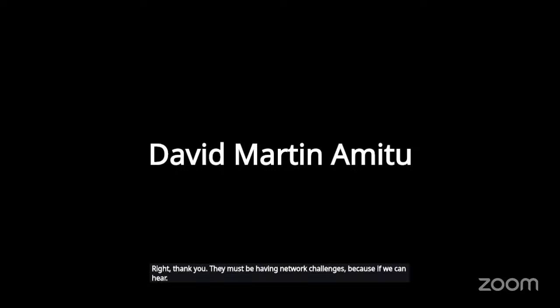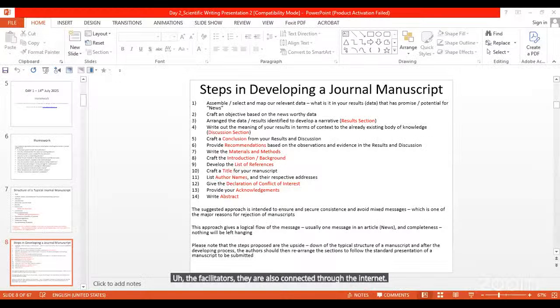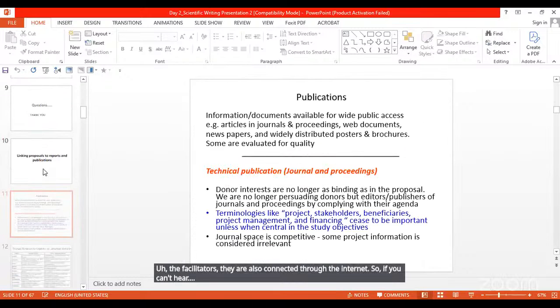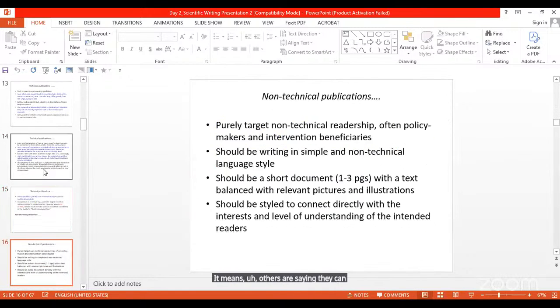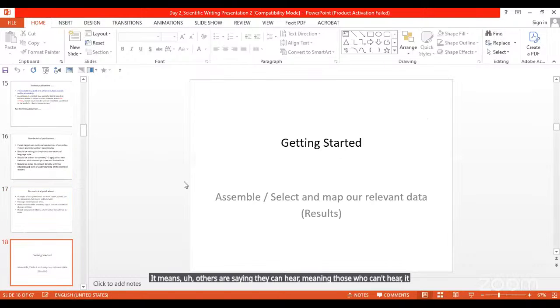I will stop yours. Now Prof JS can go ahead to share. We are having participants who are saying they can't hear. I think they must be having network challenges, because if we can hear the facilitators, they are also connected through the internet. So if others are saying they can hear, it means those who can't hear have a network problem. You see in the chat, many people are saying they are hearing. Okay.